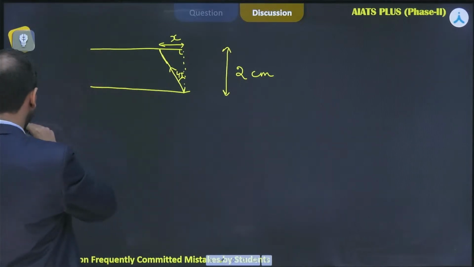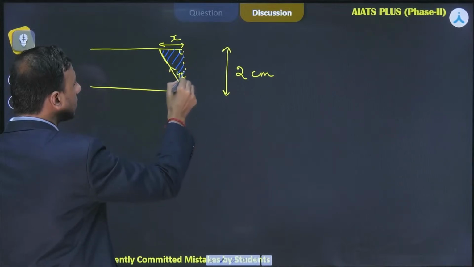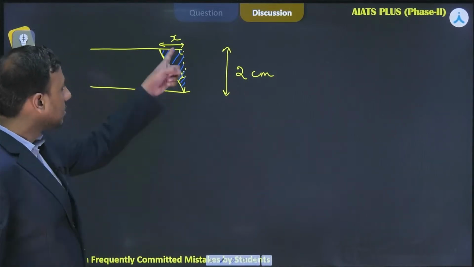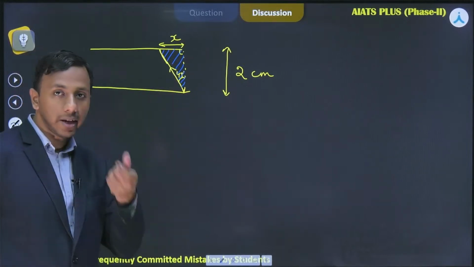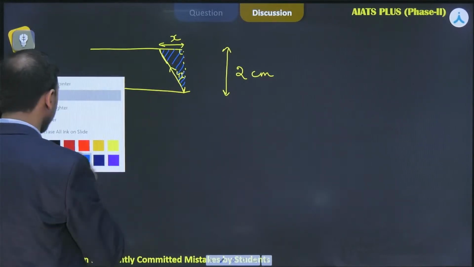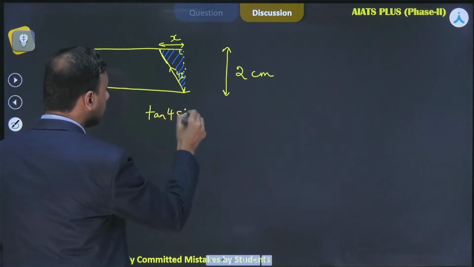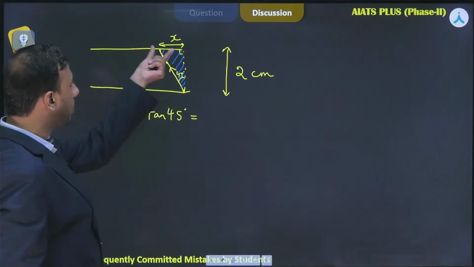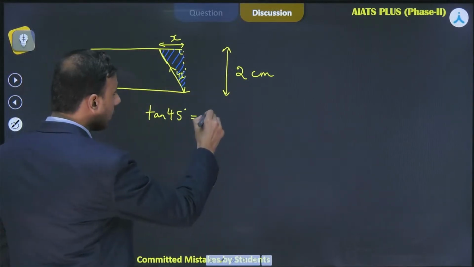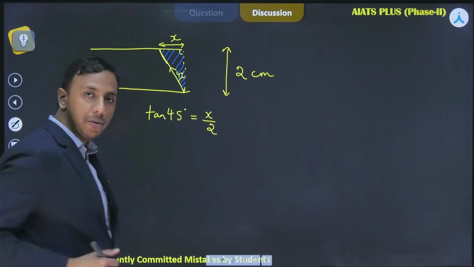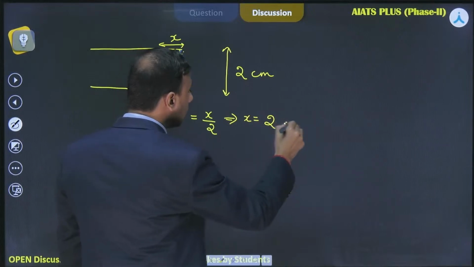Now, just consider this triangle. This is a right angle triangle, and one angle is given, 45 degree. So we can take tan of it. Tan 45 degree is equal to perpendicular upon base, so x upon 2. Tan 45 is 1, so x would become 2 centimeter only.